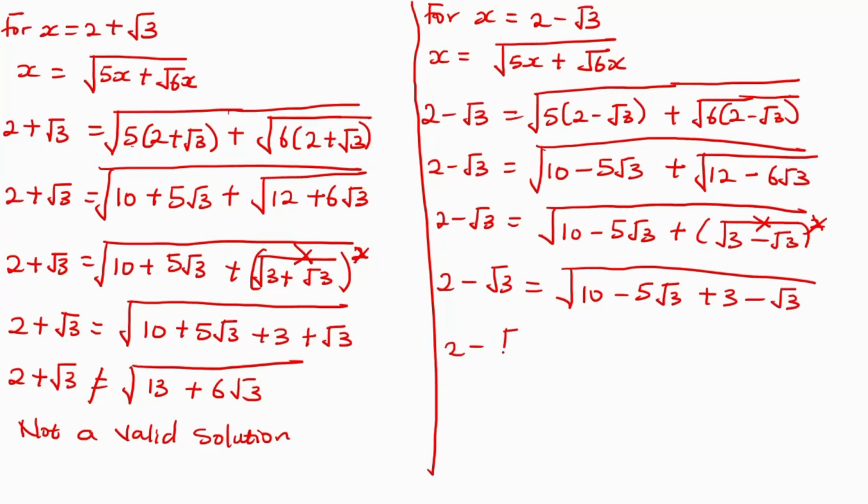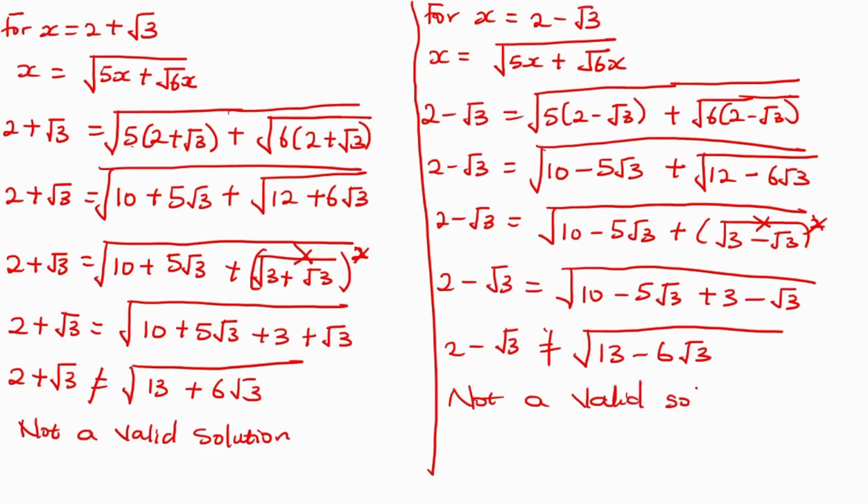So 2 minus the square root of 3 is equal to the square root of 10 plus 3 is 13, minus 5 minus 1 will give us minus 6 root 3. So this is not equal to that. So we can say this also is not a valid solution.